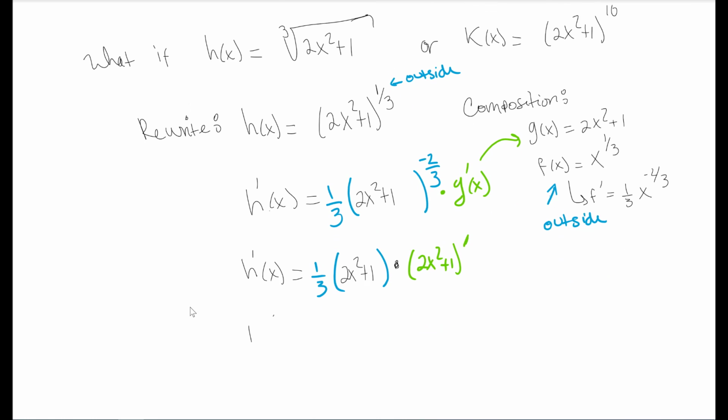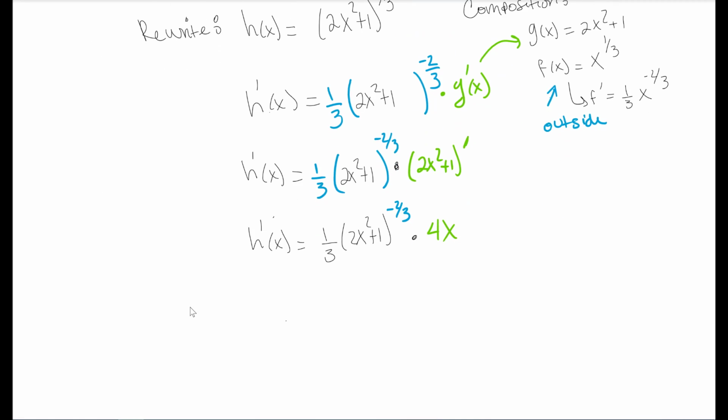So I'm going to have h prime of x is 1/3 2x squared plus 1. Oops, I forgot my exponent, to the negative 2/3 times the derivative of my g. And this is 4x. And that's it.